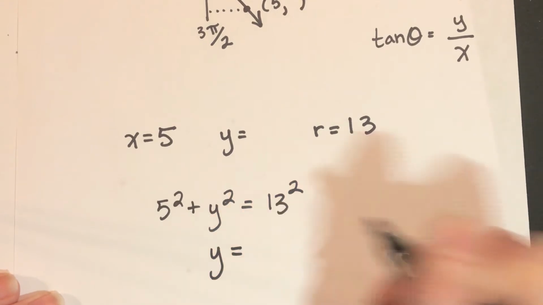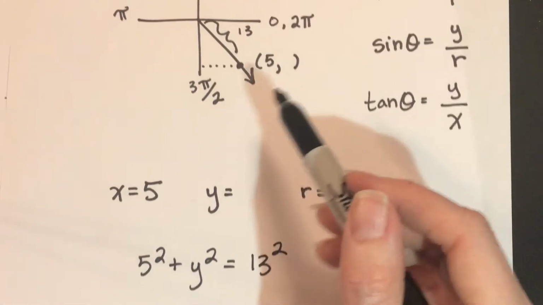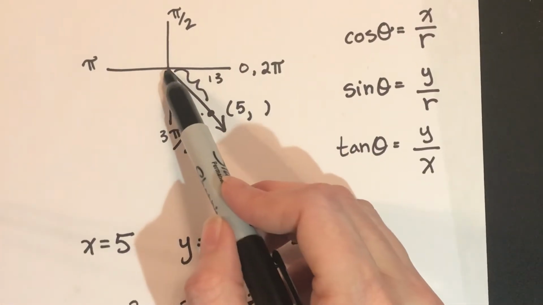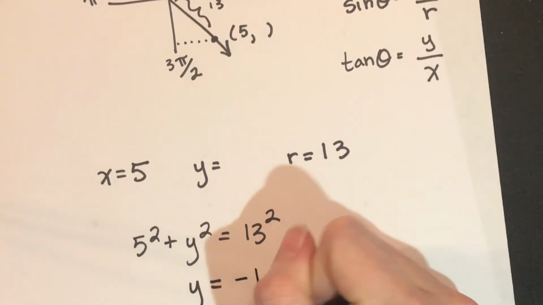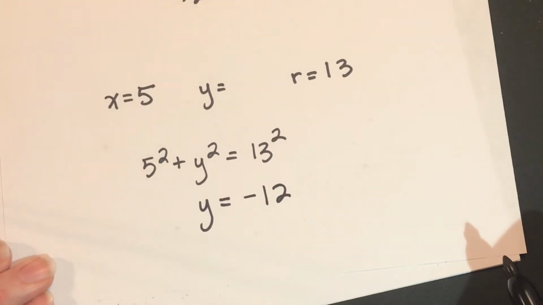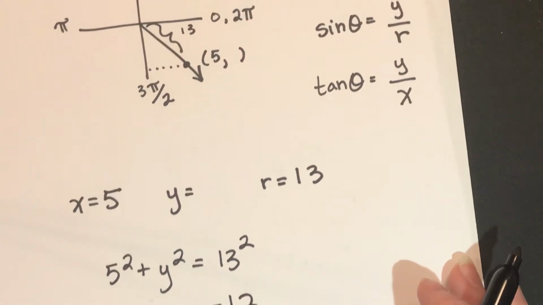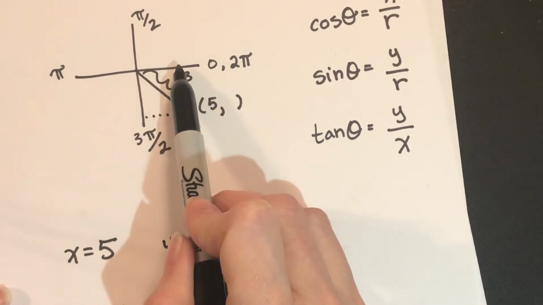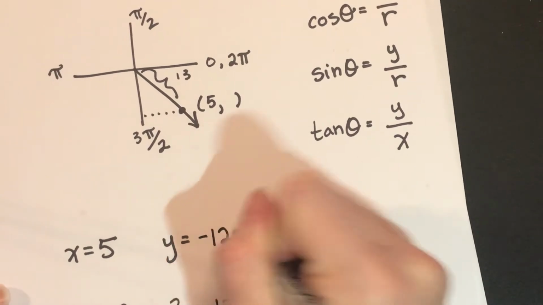But y could be positive or negative 12 because this is a coordinate. Since it's over here in quadrant 4, y is going to be negative 12. Do y'all see that? Since it's over 5, it has to go down 12. So y has to be negative 12.